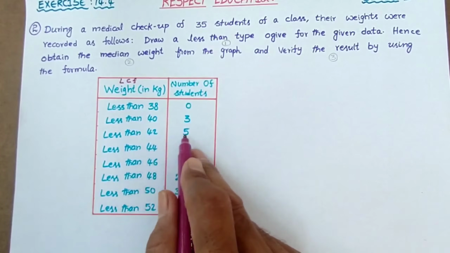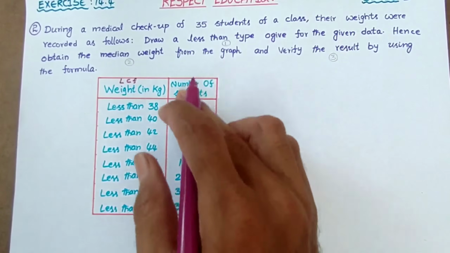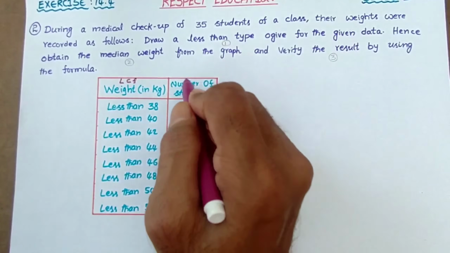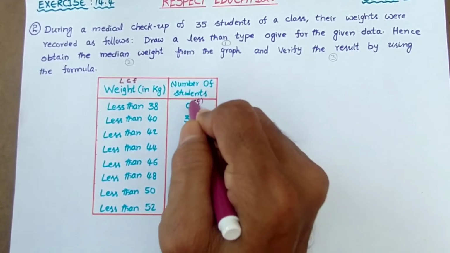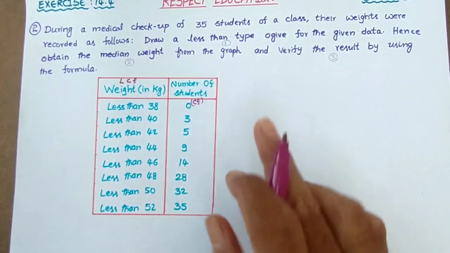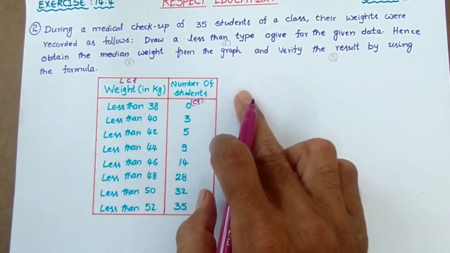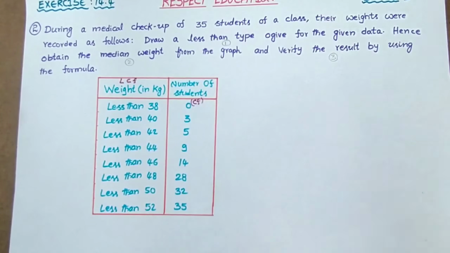So, less than 42 is 5, this 5 includes less than 40 and less than 38 also. That means this data is cumulative frequency. So here we need to find class intervals and also frequency. Two things are pending.